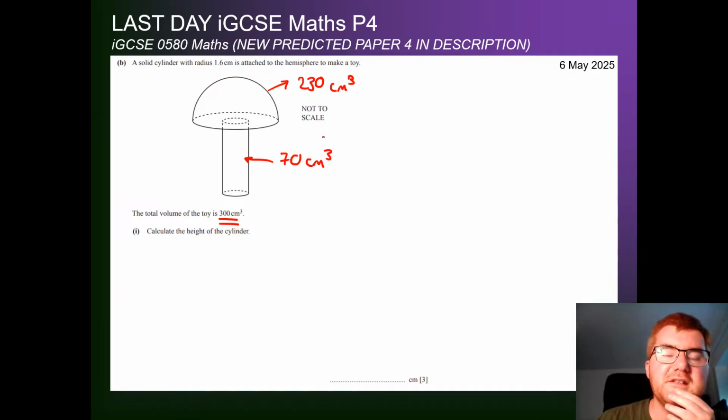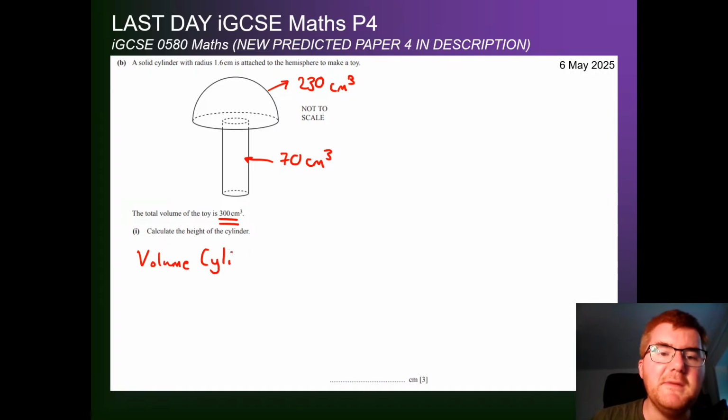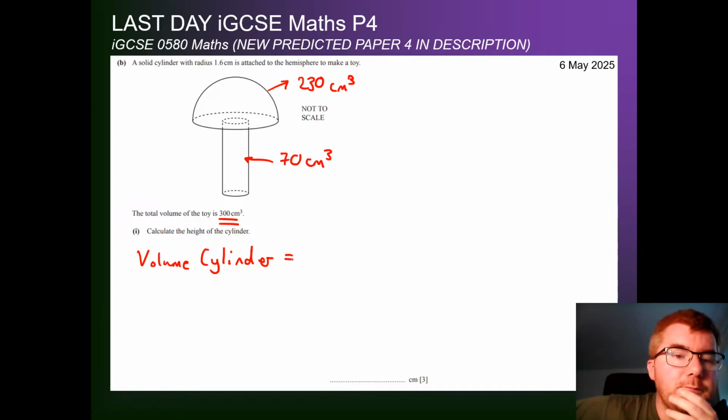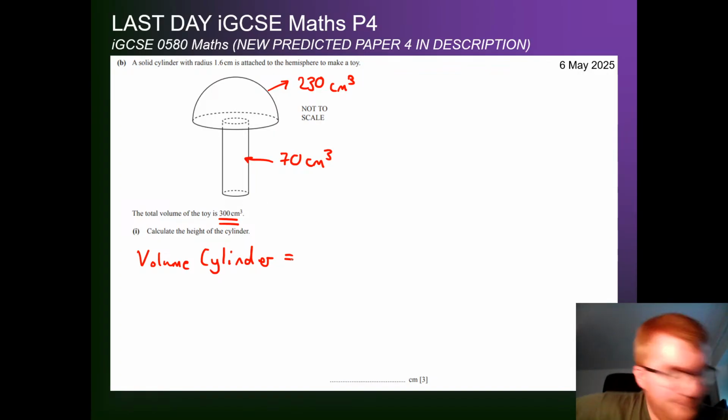So the way that we do this is we need to know the volume of the cylinder. Who can tell me in the chat what the formula for that is? This is getting you to use your formula sheet so you know exactly where it is and how to access the formula. What is the volume of a cylinder?